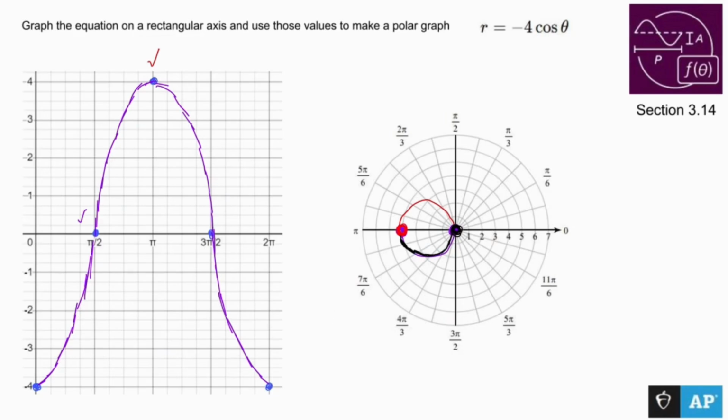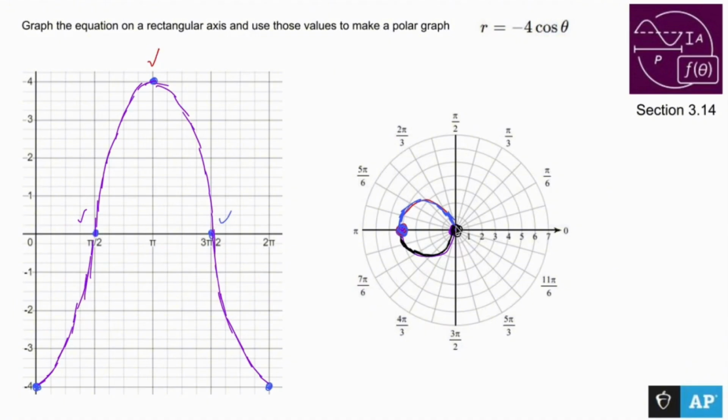All right, whatever. And now here I am, check. As I go to 2 pi, I'm at -4. So I'm going to graph -4, 2 pi. I'm going to face in the direction of 2 pi again, which is 0, and go back in the opposite direction. So my blue line is going to cover my red line.